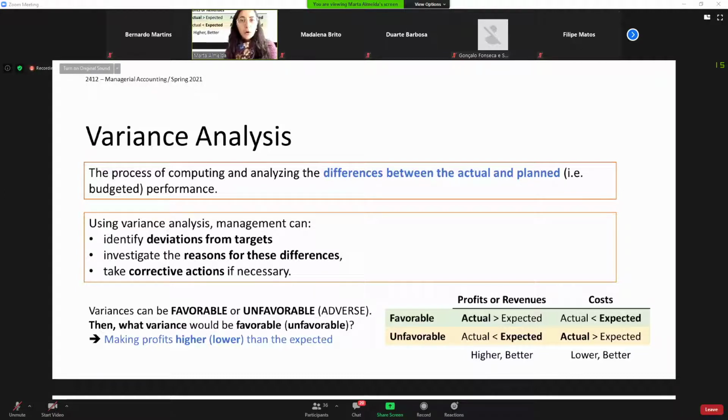When we talk about costs, we want to have costs lower than what we expected. That is favorable. If actual costs are higher, that is unfavorable. Okay, it's very logical. Higher revenues, higher profits, that is good, that is favorable. Okay, higher costs is bad, unfavorable.